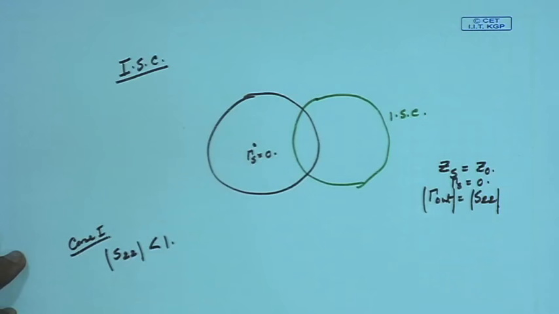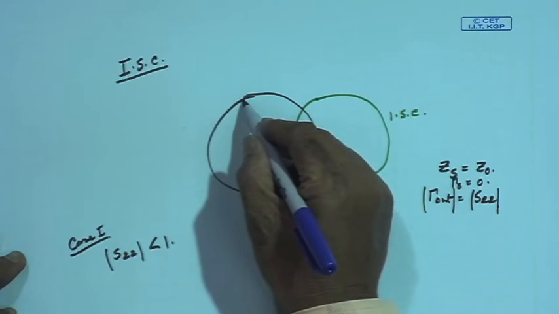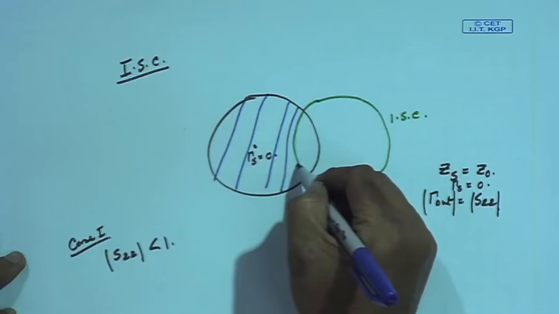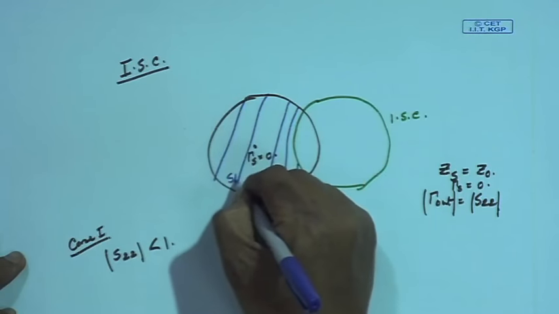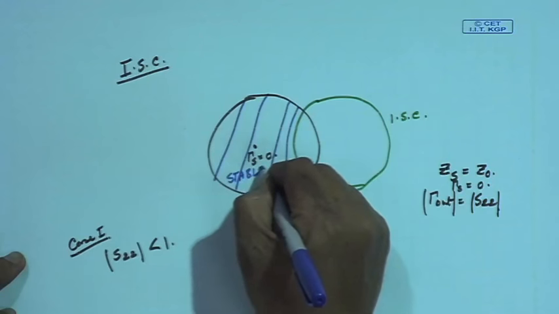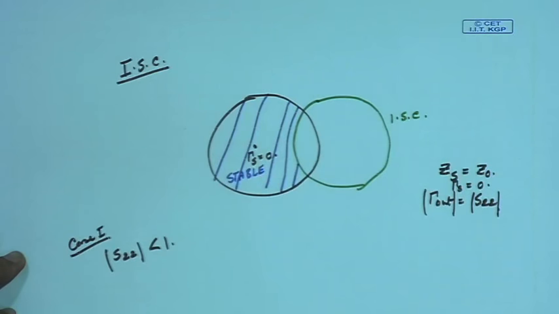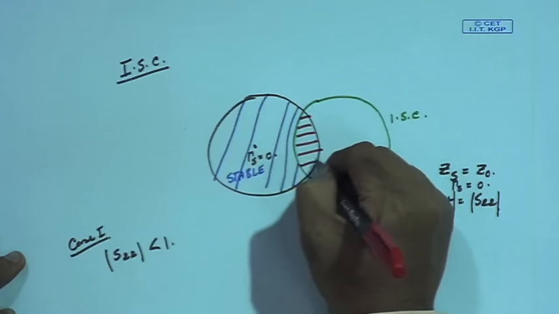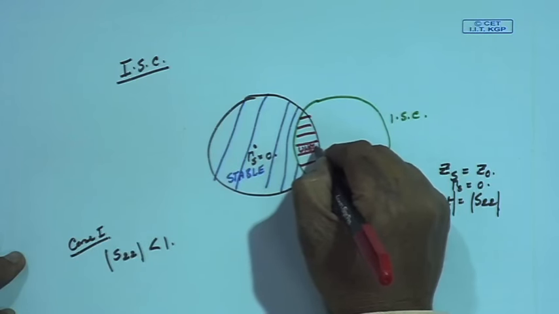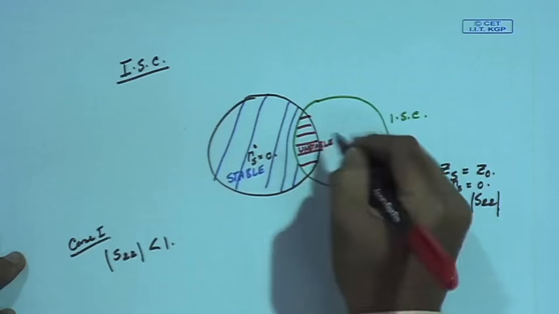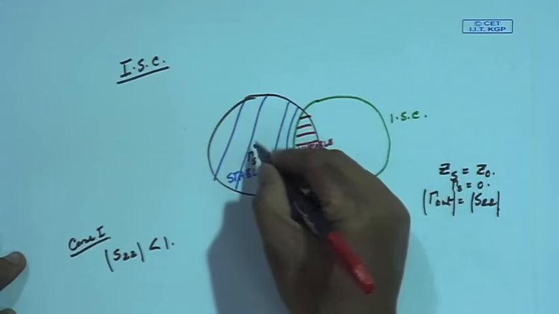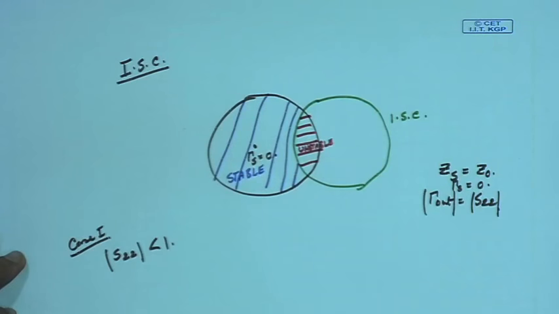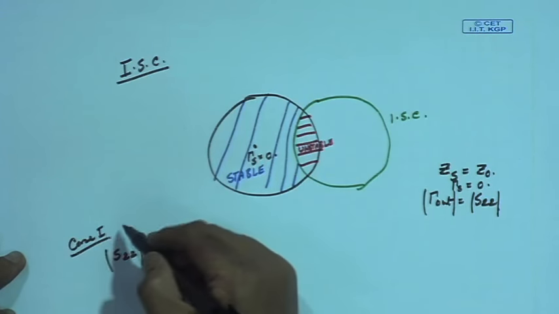So, I can immediately say that this is my stable region, and this portion is unstable. So, I should not choose my gamma S from here, I should choose my gamma S anywhere from here. So, this is for case 1.